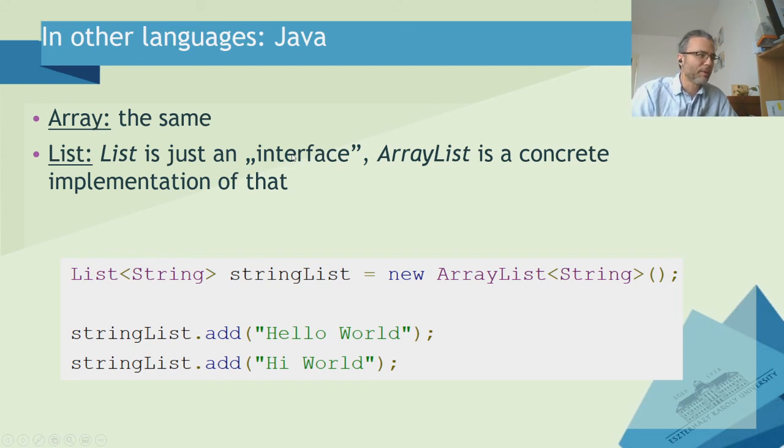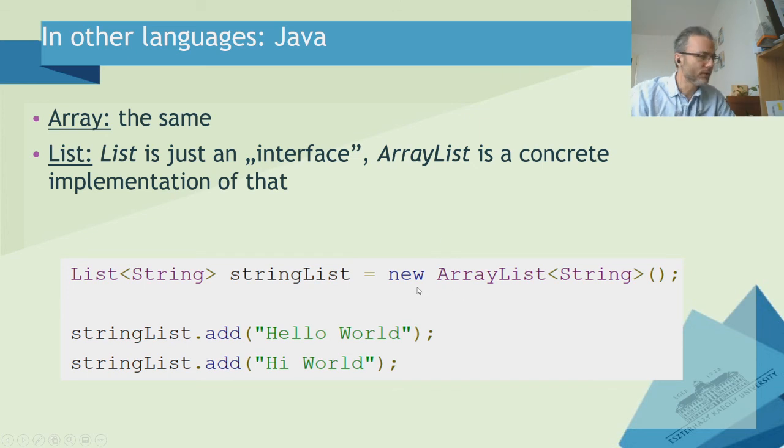In high-level programming languages, we will learn that interfaces are basically specifications only, not implementations. And this specification can have different implementations, different classes which implement this interface. So for example, in Java, the ArrayList class is a concrete implementation of the List interface, or the LinkedList class in Java is another concrete implementation.